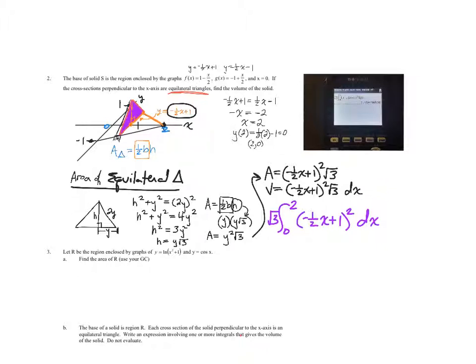A single side, or a half side. So if you know the value of the side of an equilateral triangle, then now all you have to do is chop it in half, you get that, square it and slap on a radical 3. Right, so that's not bad.